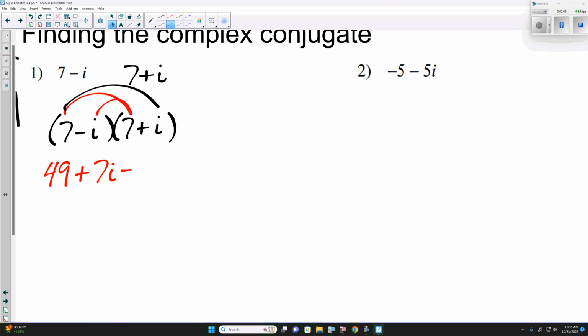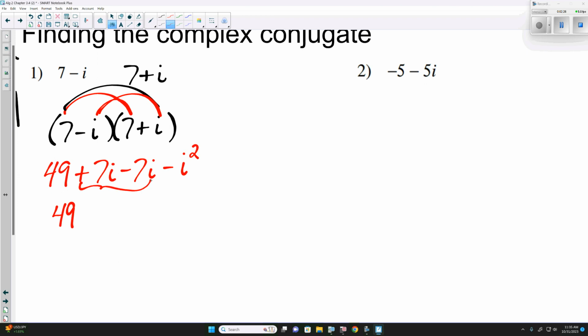Negative i times 7 is negative 7i. And negative i times i is negative i squared. Now we do need to simplify a little bit. There are no like terms with 49, so it stays the same.